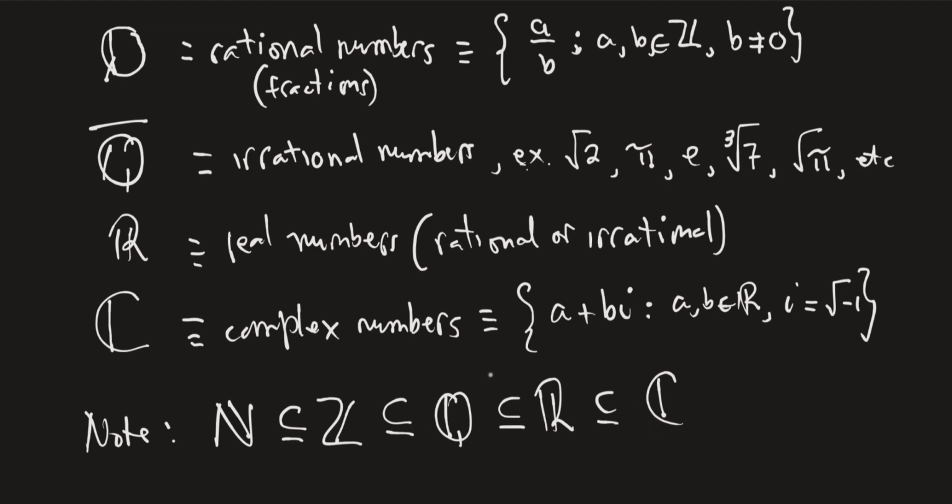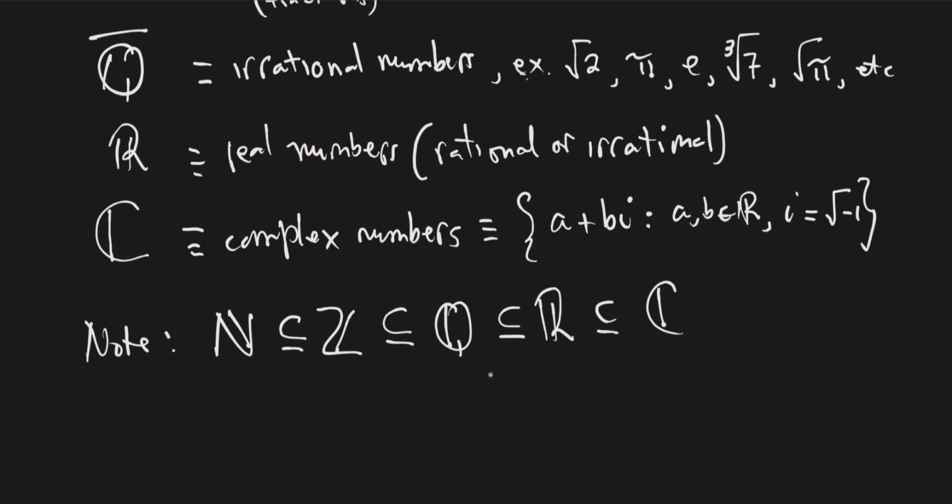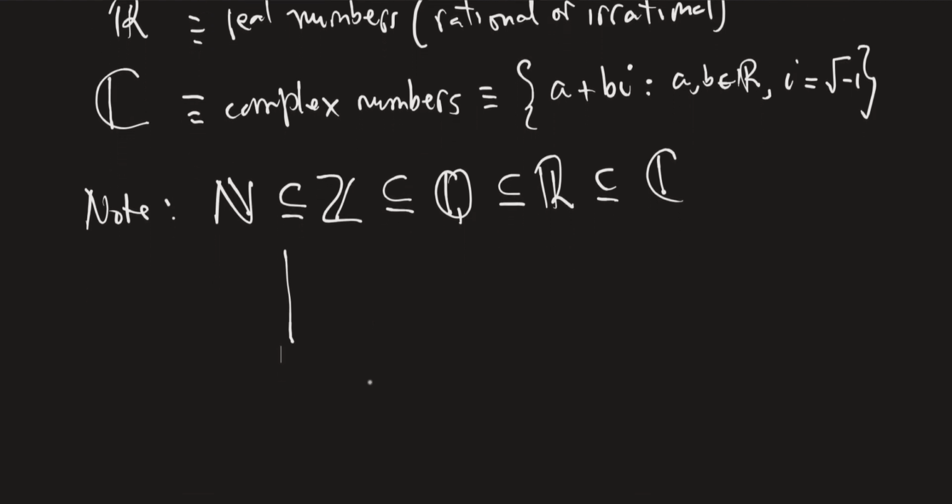So what would be interesting is if you look at the Venn diagram of these, and in fact, let me draw the Venn diagram here so you could see it.